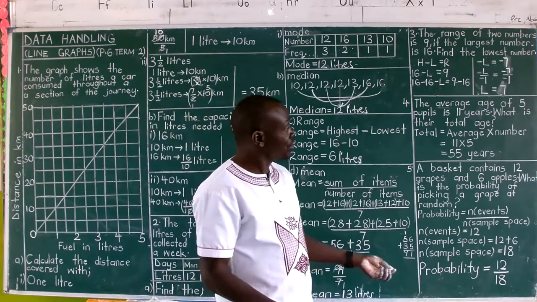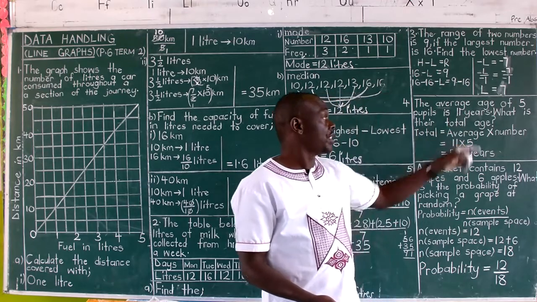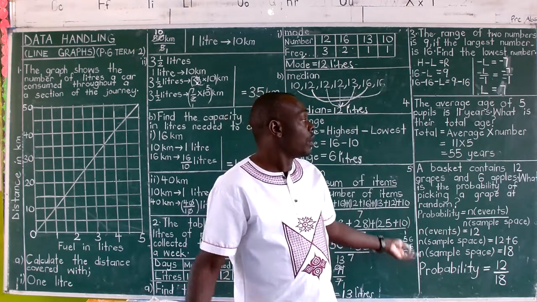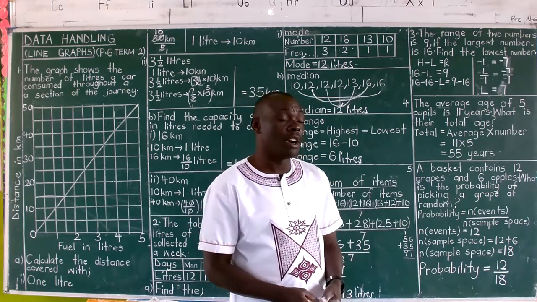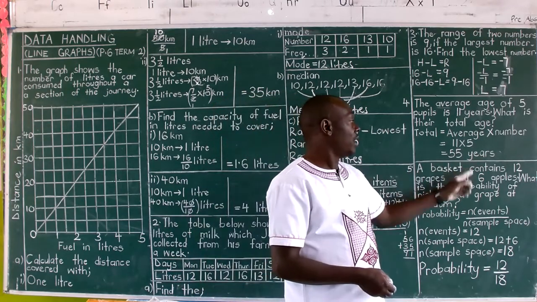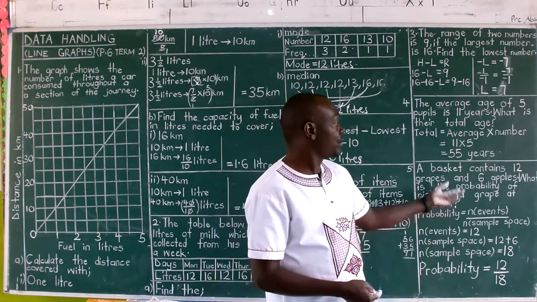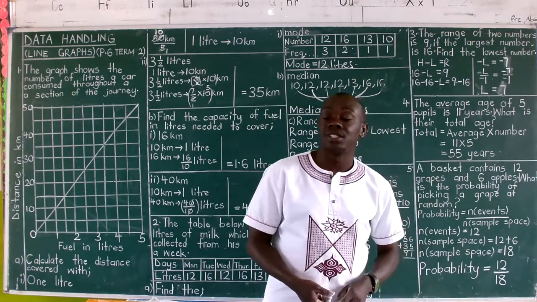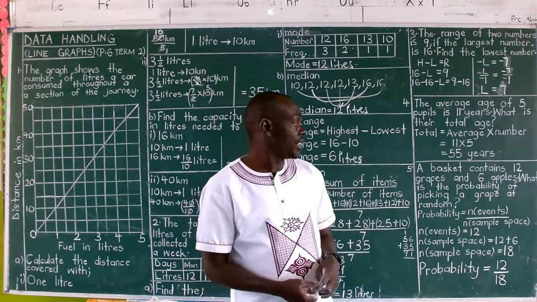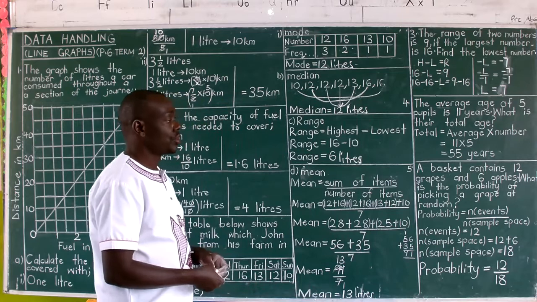So it assumes every pupil of the 5 is 11 years. So what's the total age? Meaning we've got 5 11s. That's why I've got 5 times 11, and get 55 years. That's how we get back that total.